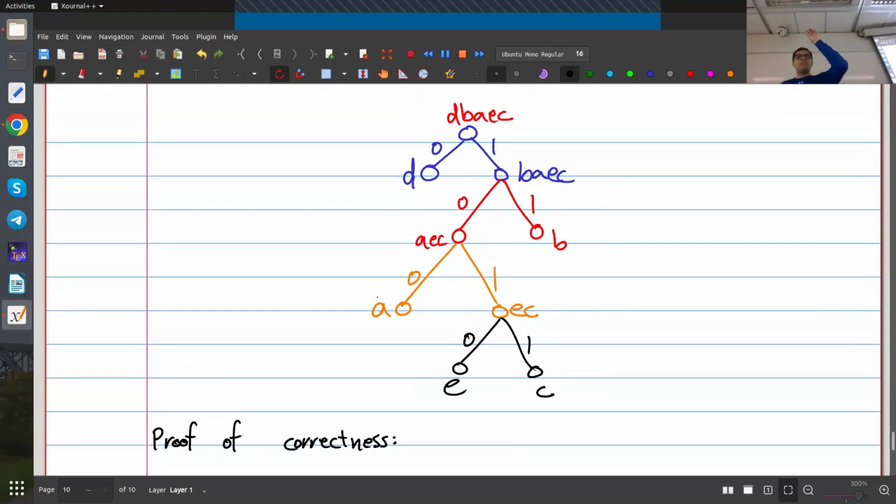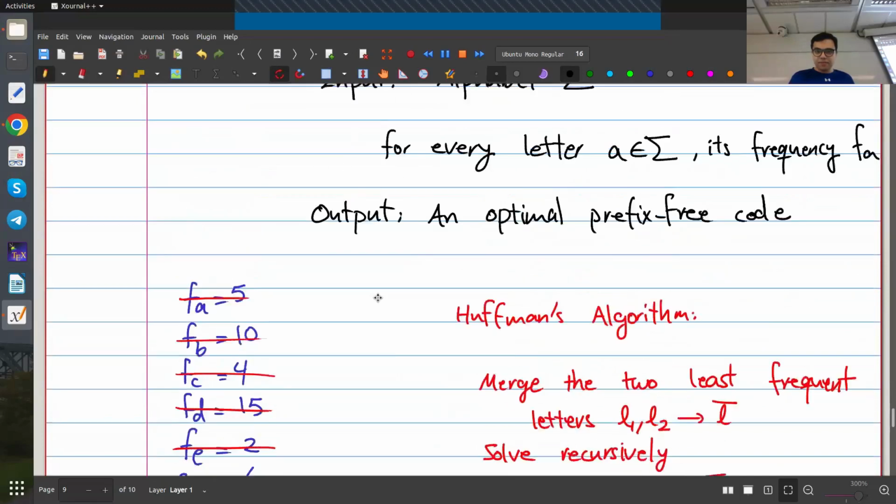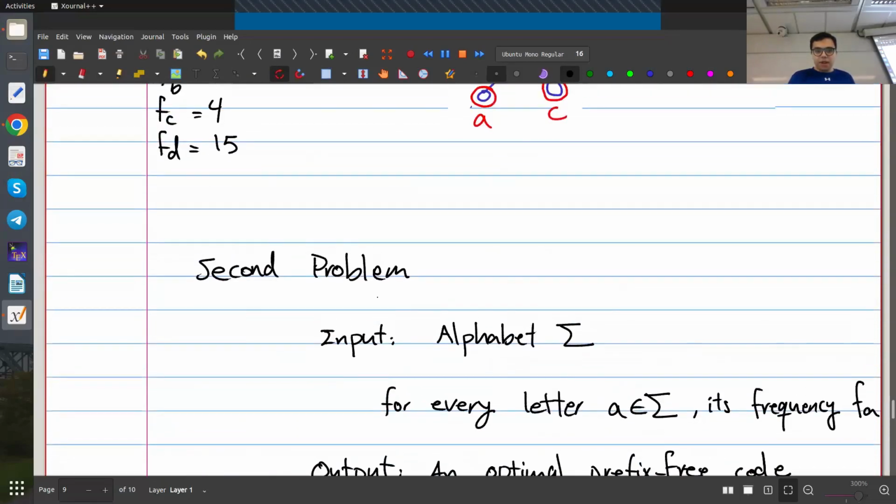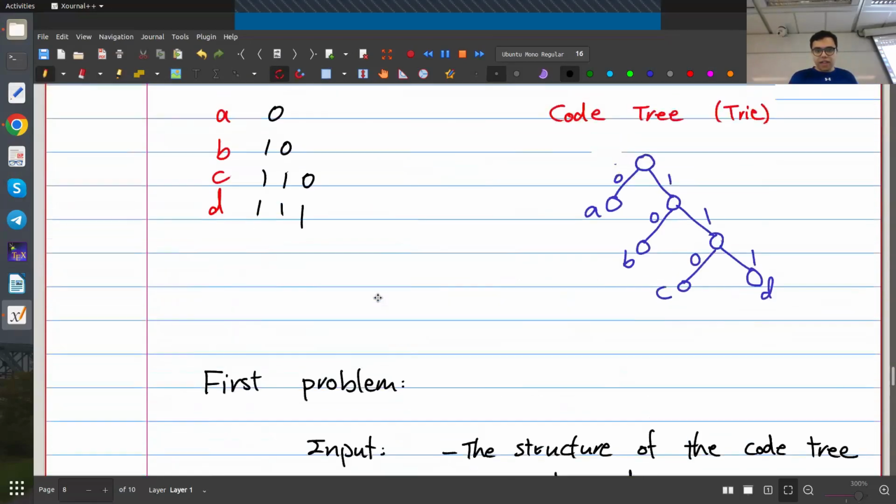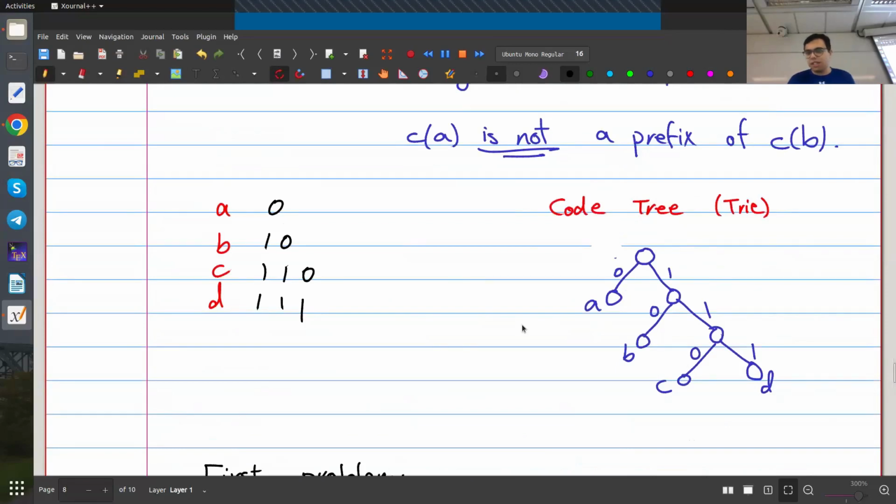I start with just one vertex that has two children, and I have two leaves at the lowest possible level. Now, if I add children for a particular node, I'm going to add two children for it, so I will have two leaves. And this continues. So any binary tree that is a code tree is going to have at least two leaves at the lowest possible level.